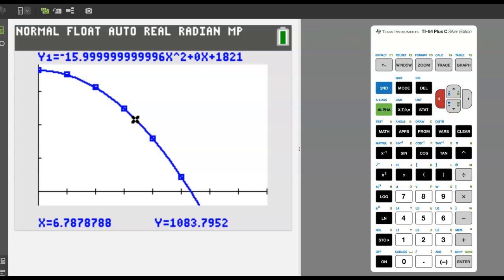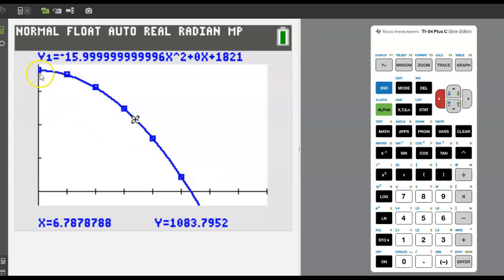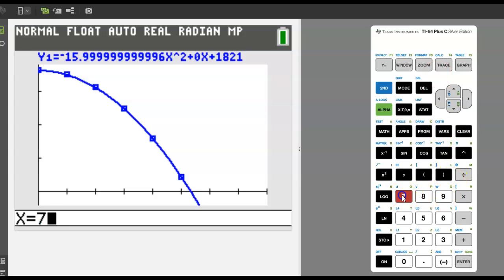All right, our question says, use the model to predict the height of his glasses at 7 seconds. So I want to know when the x is 7, what's the height? I want to be on my Y1, and all I do then is type in 7 because I'm already on trace.